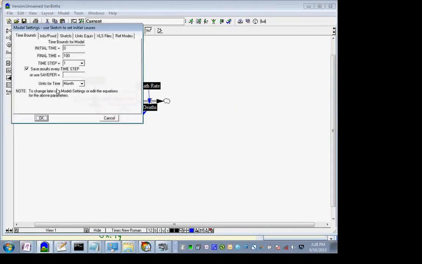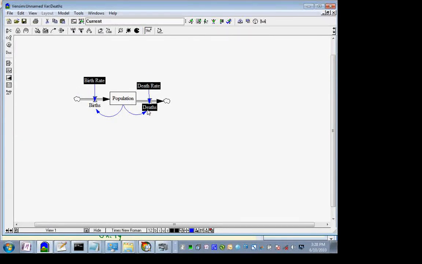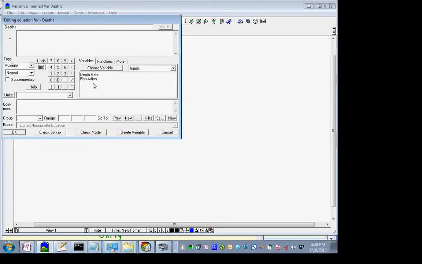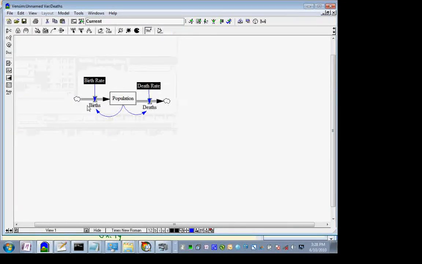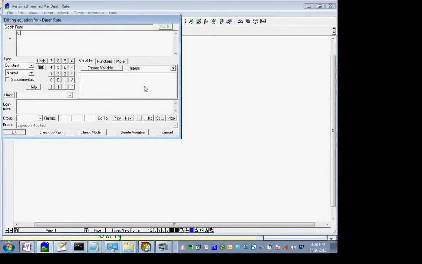So let's choose year, just because birth rates and death rates are often in years. Death rate times population is the formula, right? Then we've got person per year as the unit. Then we have death rate, I'm going to make it 0.01, and the birth rate is 0.02.